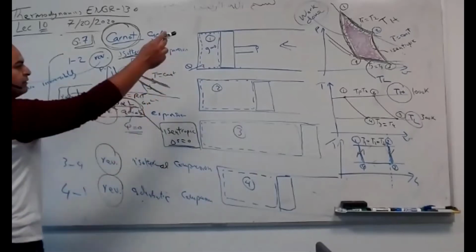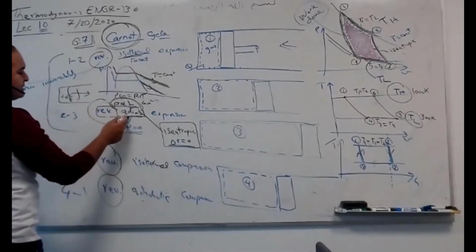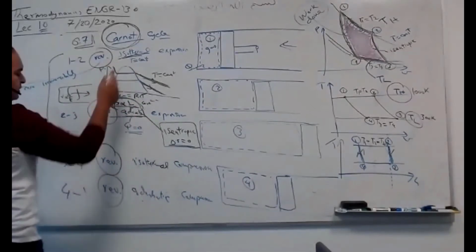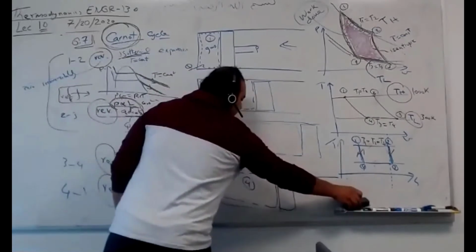Read here and follow the line. Reversible isothermal, temperature constant. Reversible adiabatic, S is constant. Reversible isothermal, temperature is constant. Reversible adiabatic, S is constant. This is in the PV diagram, TV diagram, and finally the TS diagram. Okay, this is called the Carnot cycle. It's a very ideal process. It does not have any losses. Okay, guys, any questions so far?